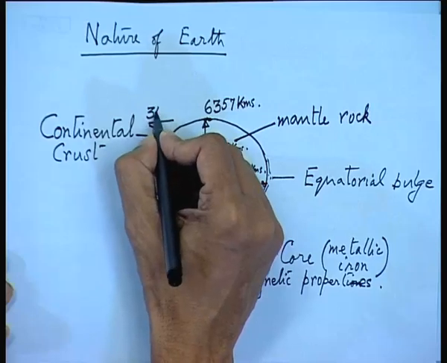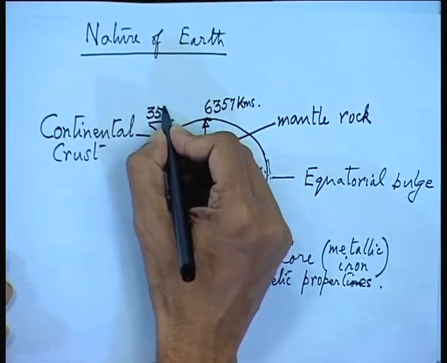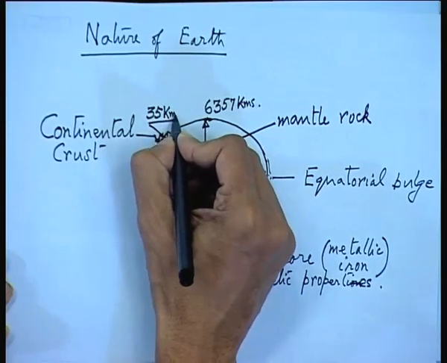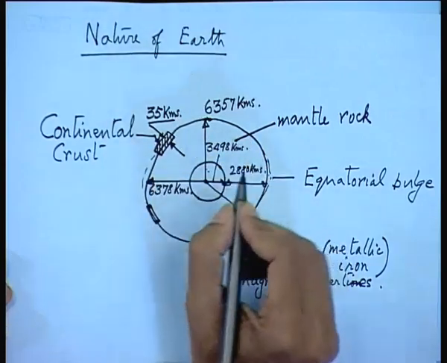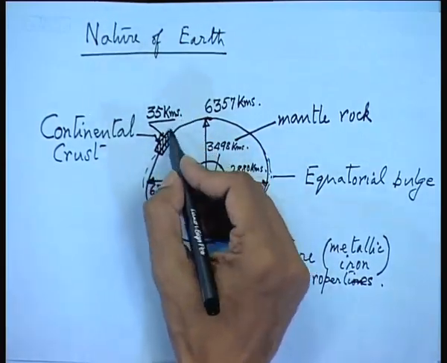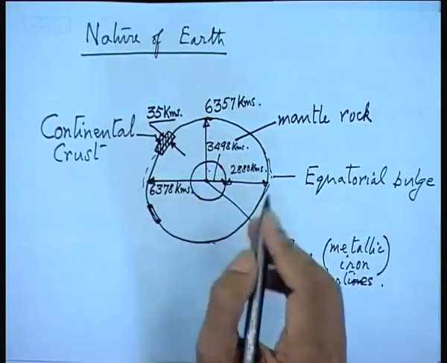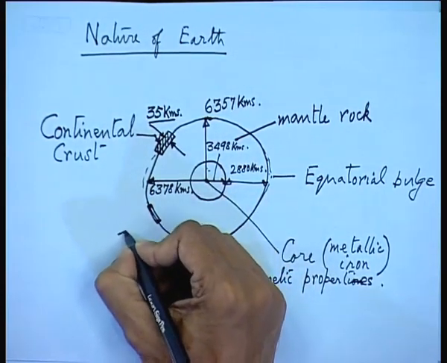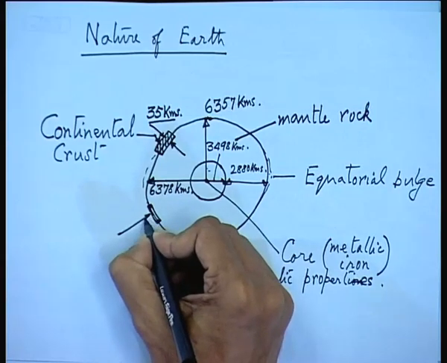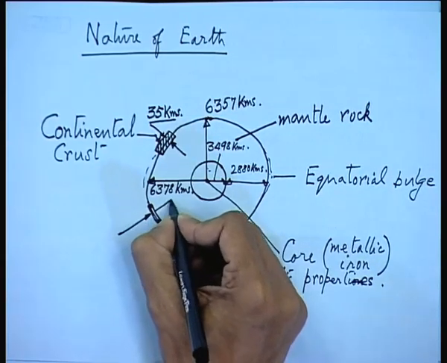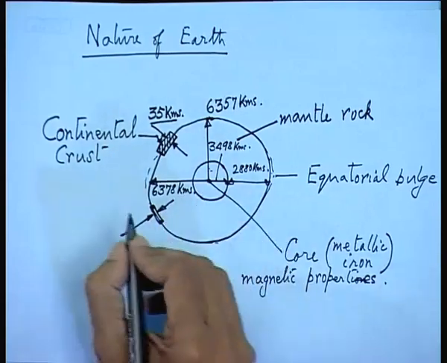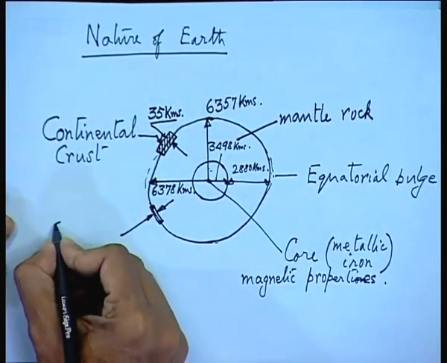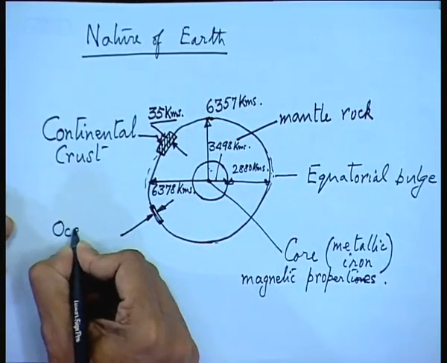So, this is the layer of the continental rocks. That means, the rocks which make up the continent have a depth of 35 kilometers, whereas the oceanic crust has been formed relatively new or young. So, we say that this is the oceanic crust.